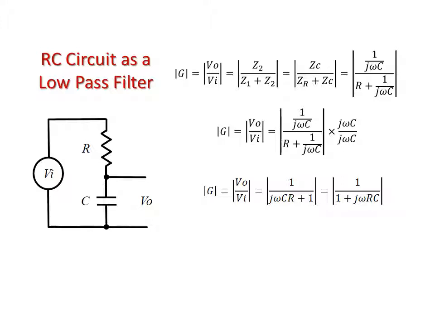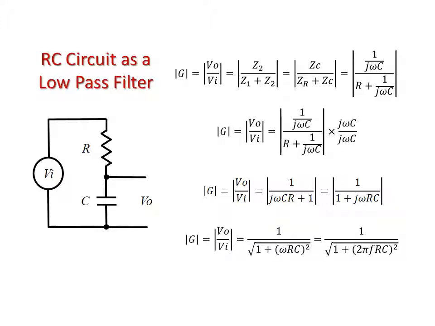What we have here is the gain equation we had previously, the absolute value of G, and we've solved for it using the voltage divider equation with the impedance values of capacitors and resistors. We've done a little bit of trig and a little bit of algebra in the middle one to cancel like terms. In the bottom, we've got our gain equation: V out over V in equals 1 over 1 plus j omega RC. Now we have to convert that omega into 2 pi times the frequency.